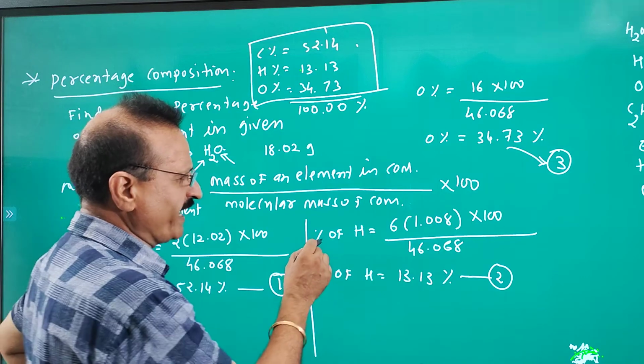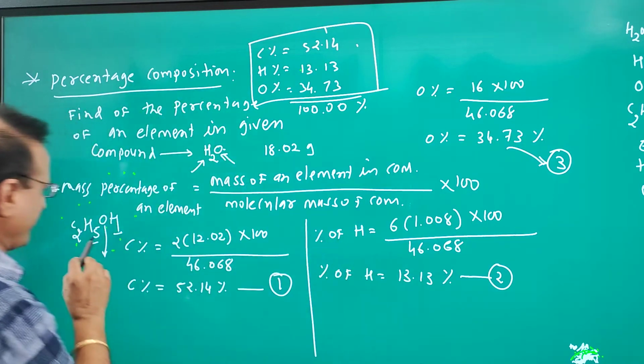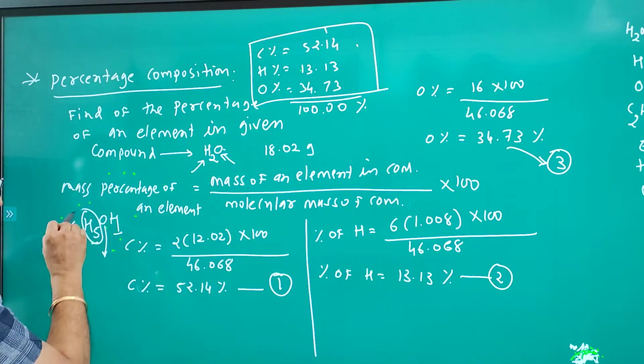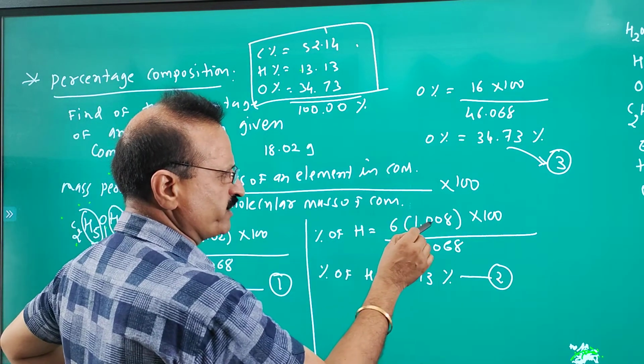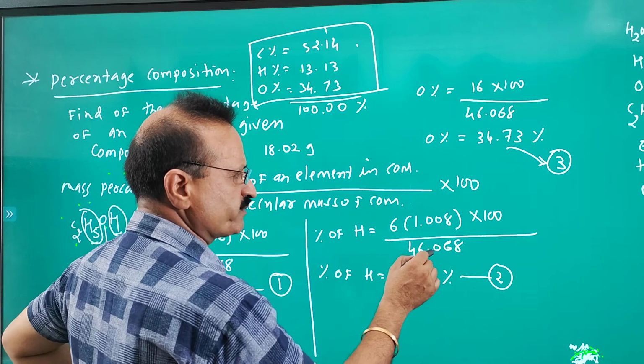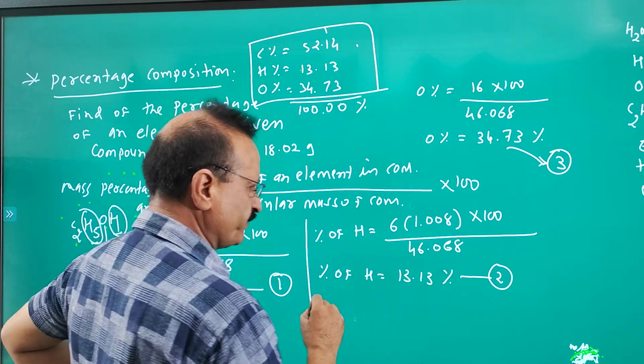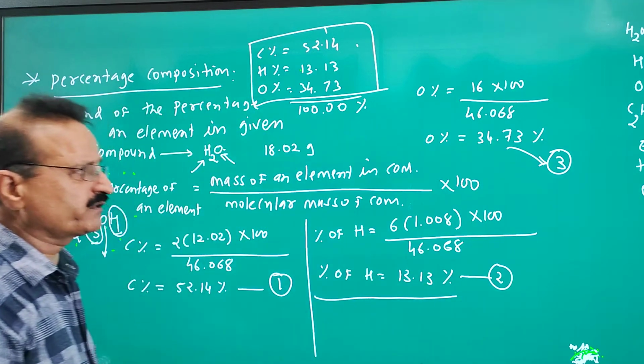In the same way, for hydrogen there are 6 hydrogens, 5 here and 1 here, so 6 into 1.008 into 100 upon 46.068. You will get 13.13.